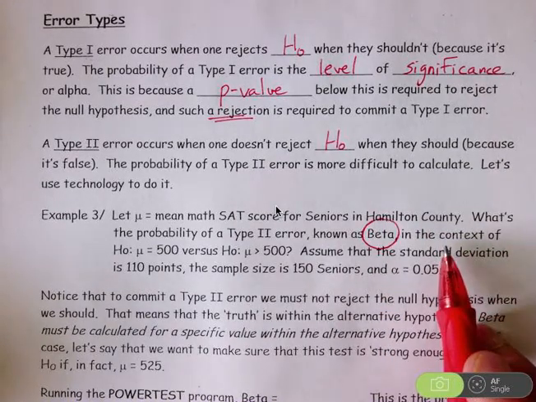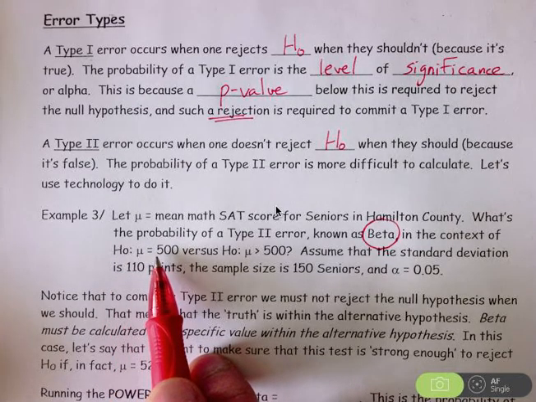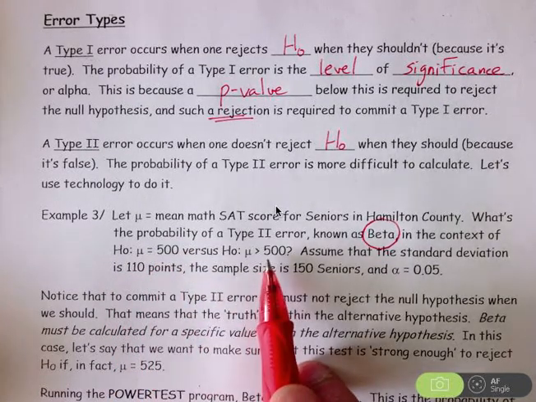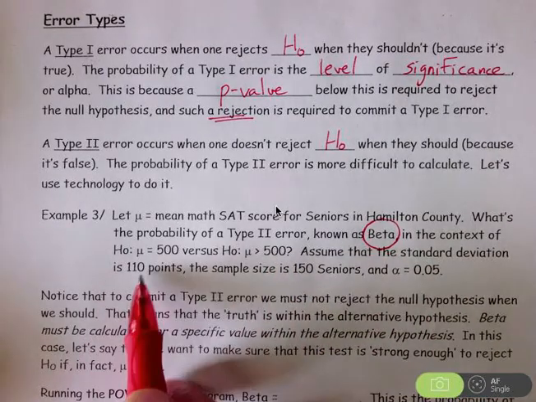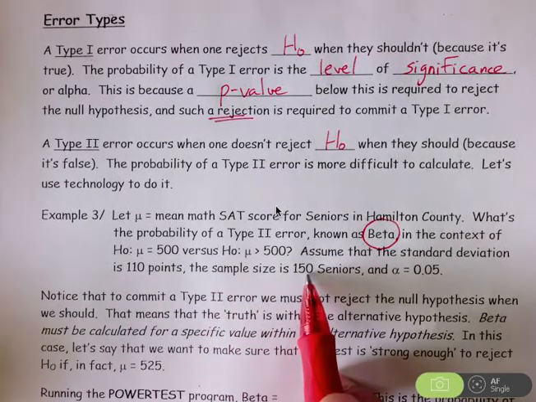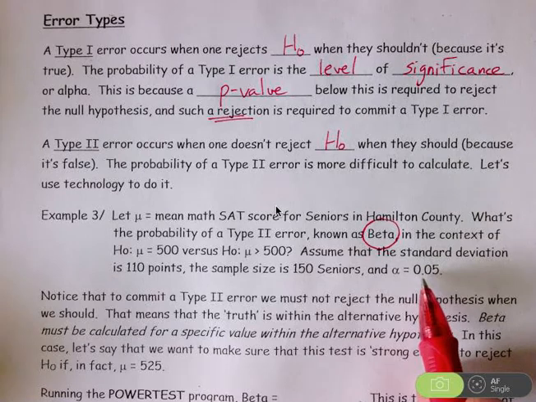In the context of this test, the null hypothesis being mu equals 500 versus the alternative that the actual mean SAT math score for seniors in Hamilton County is more than 500. So let's assume that the standard deviation is 110 points. The sample size is 150 seniors, and the level of alpha is 0.05. So these are all things that we would need in order to do the significance test.